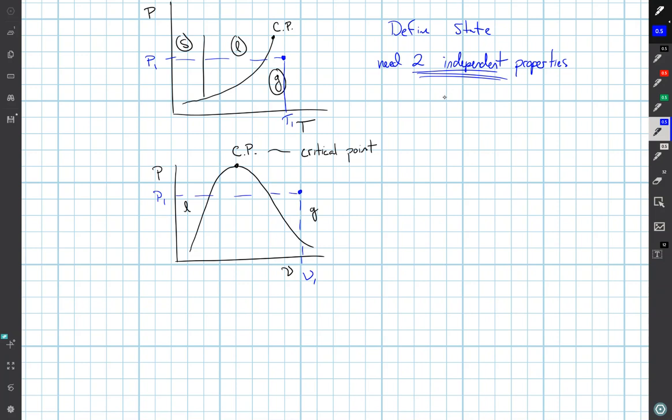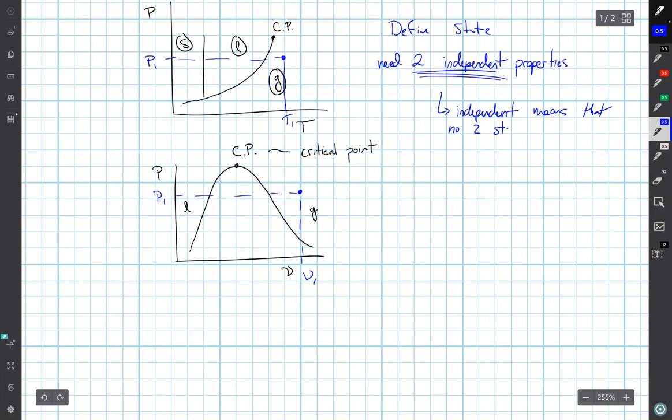And we need independent properties. That means that no two states share the same two properties. The easiest way to visualize this is with liquids and gases.